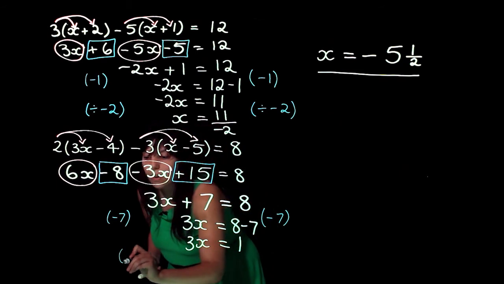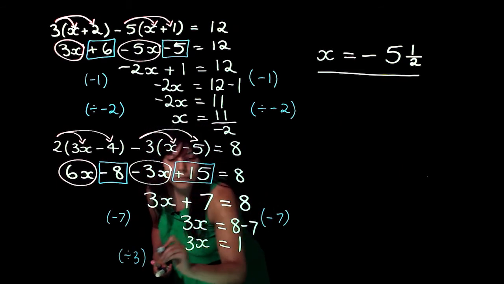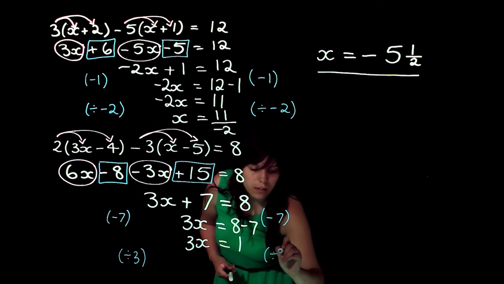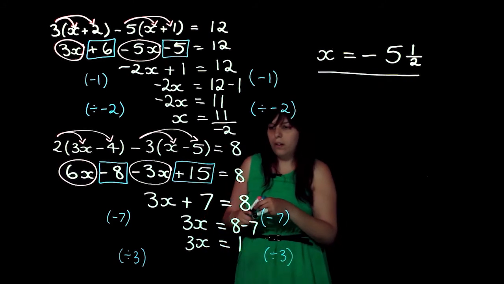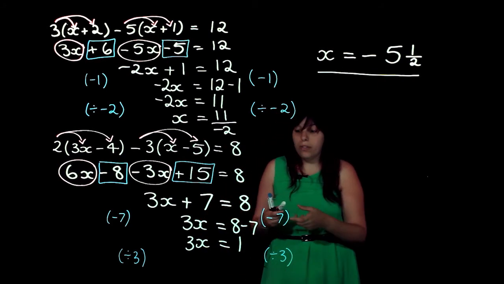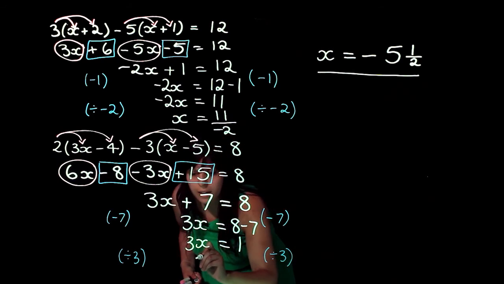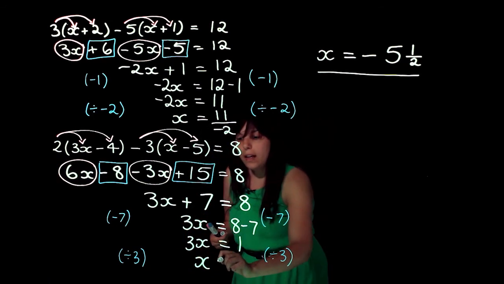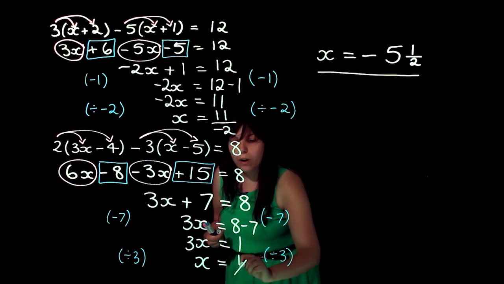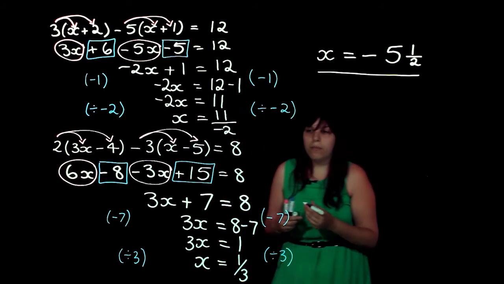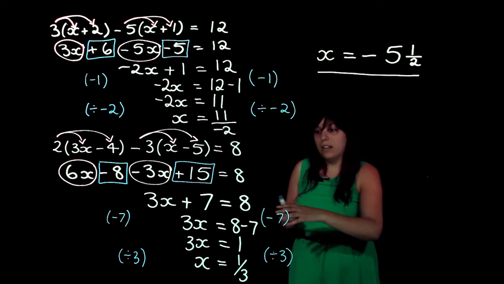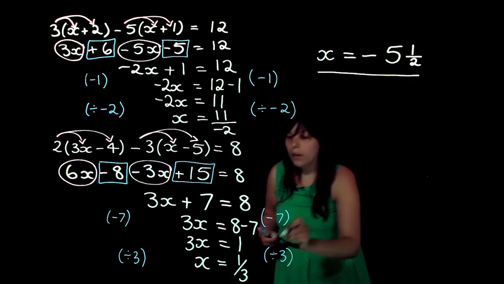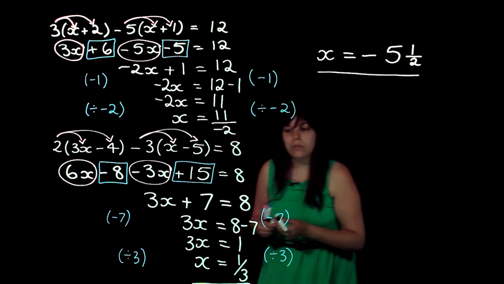Well, I divide by 3 on both sides. 3x divided by 3 is just going to give me x, because 3 divided by 3 is 1. And then on this side, 1 divided by 3 will give me a third. And that is the fraction in its simplest form. So that is our solution, x equals a third.